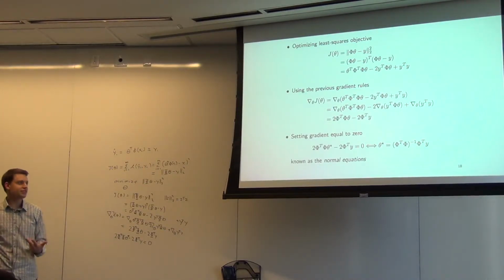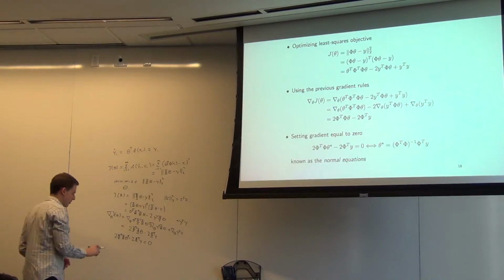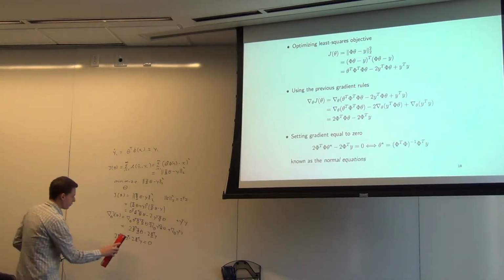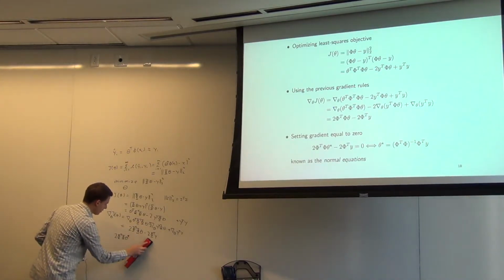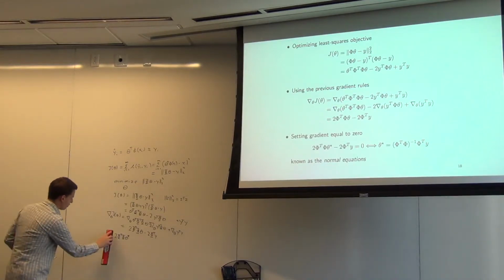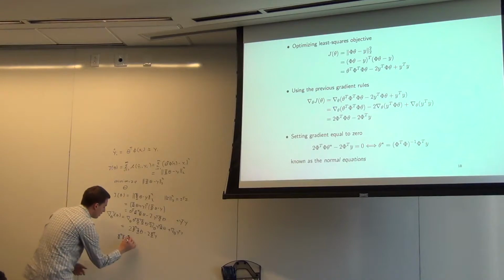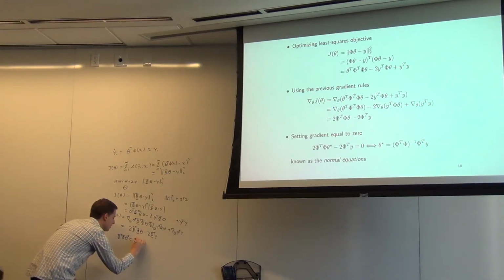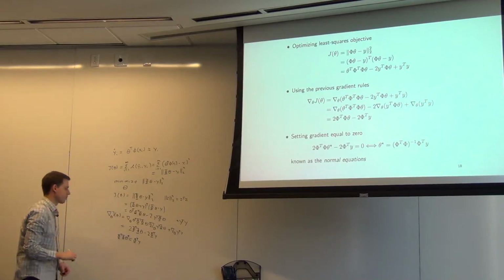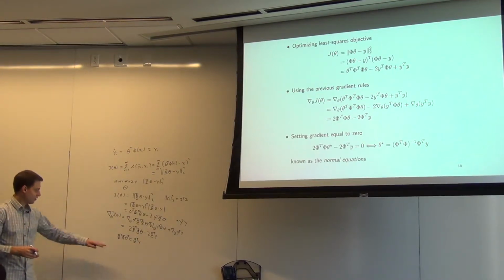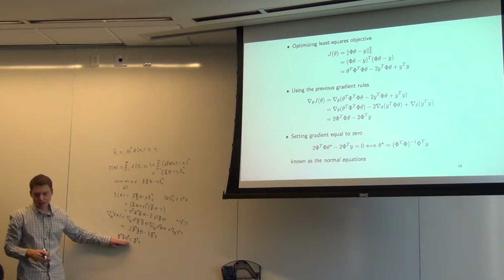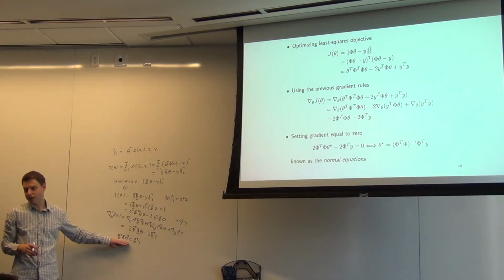In this case, we move this over to the other side. Let's first just divide by 2, get rid of these 2's here. Then we have phi transpose phi times theta star equals phi transpose y. And now, remember, you can't just divide by this. This is a matrix, not a scalar value.